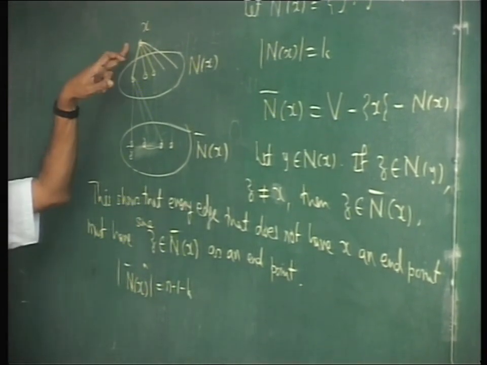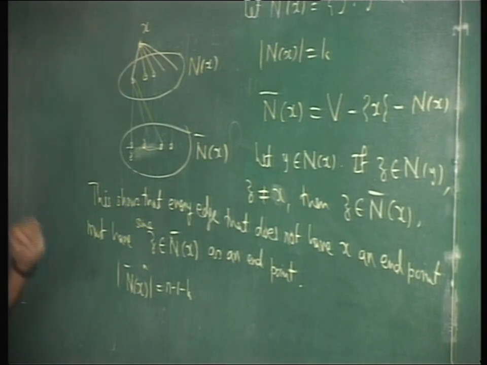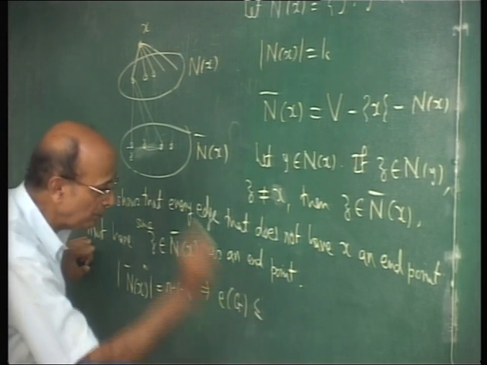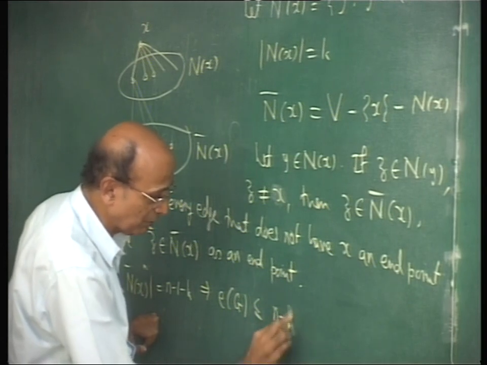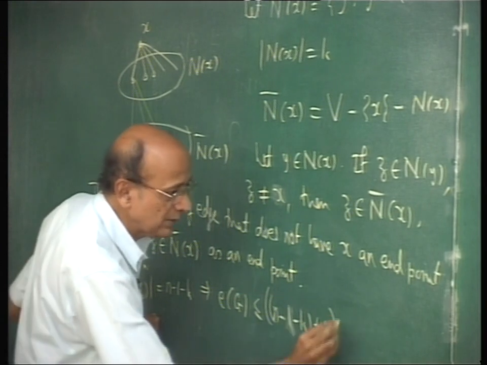To that I can also add x, which has degree k, and what that means is the number of edges in G cannot be any more than (n minus 1 minus k plus 1) into k.